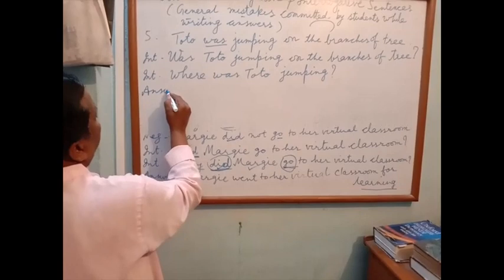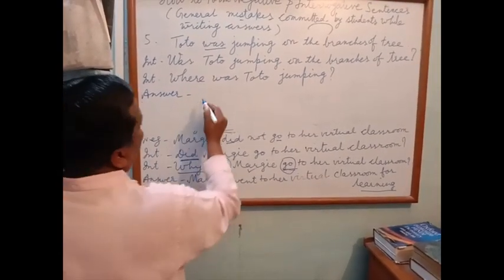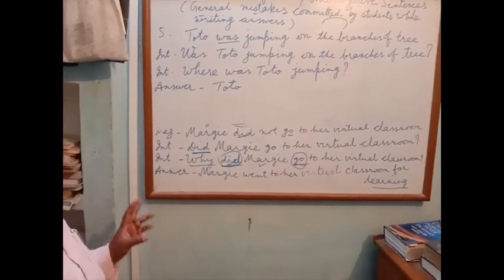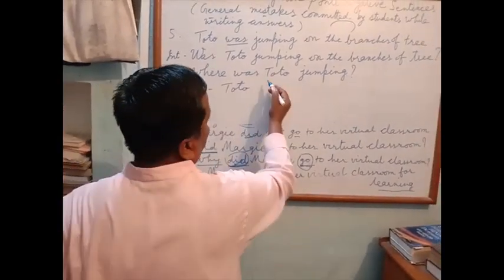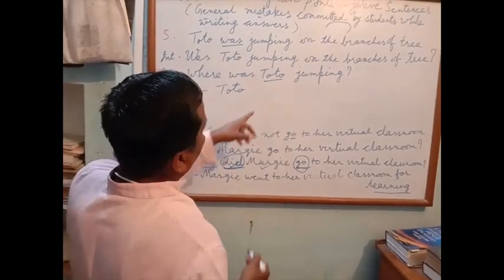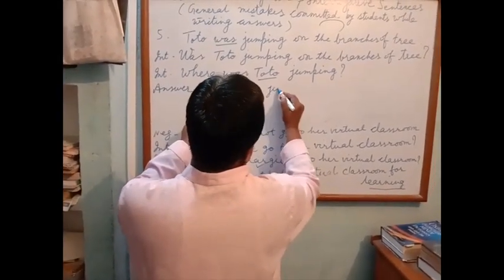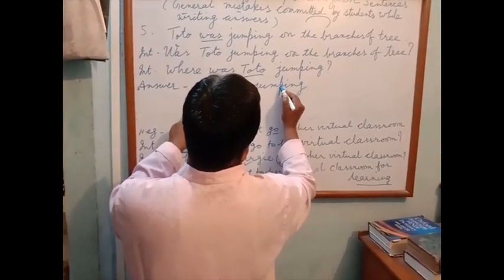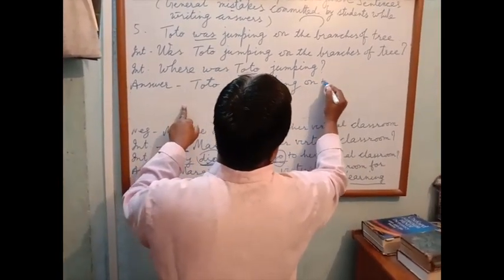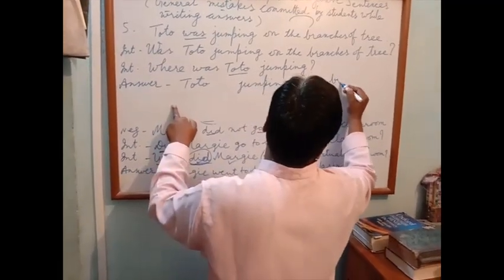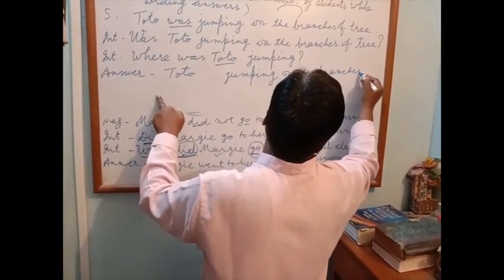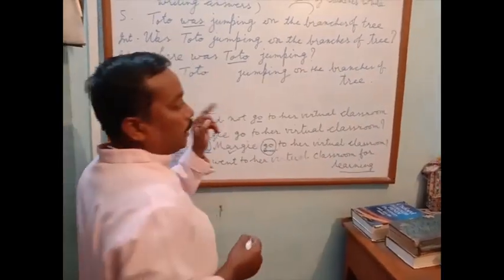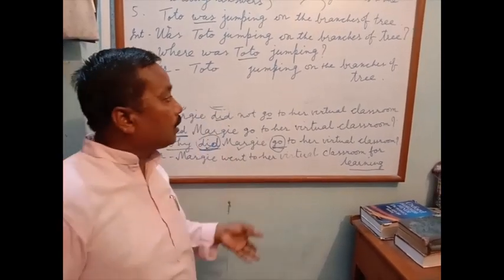Answer. Generally, what does a student write? Toto. First he takes the subject. Toto jumping on the branches of tree. And the student is satisfied that he knows the answer.